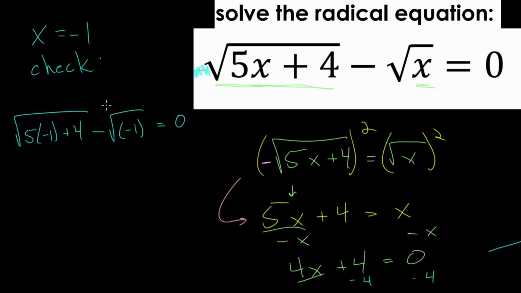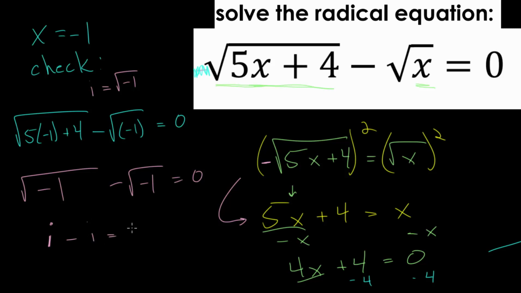So when we evaluate this first part here, this square root, we get -5 plus 4, which is the square root of -1. And then we're subtracting the square root of -1. And we just need to remember that the imaginary unit is defined as the square root of -1. So we get i minus i, and something minus itself is equal to 0.